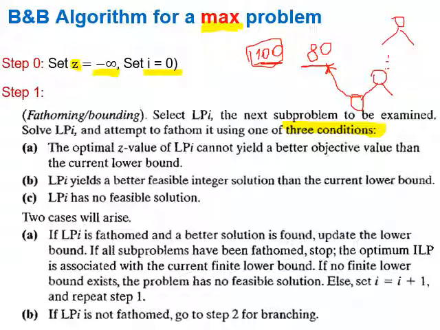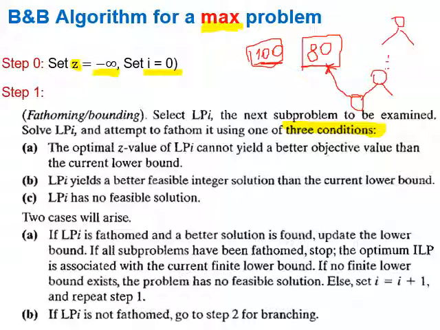So it means that if you continue with this node and evaluate the nodes under this one, you will not be able to find a solution which has an objective function value greater than 80.